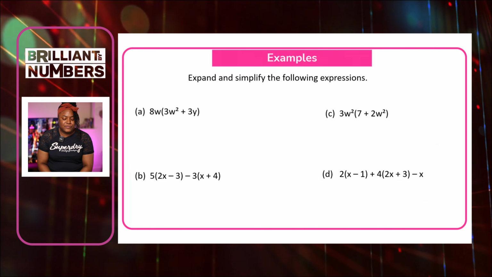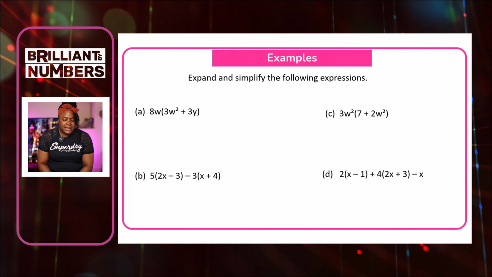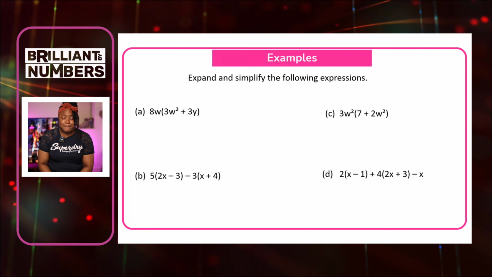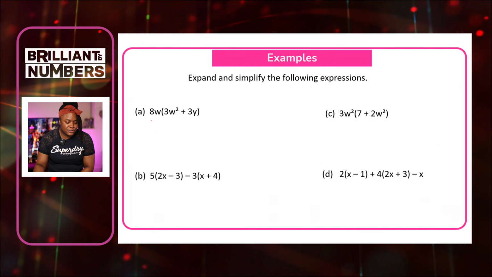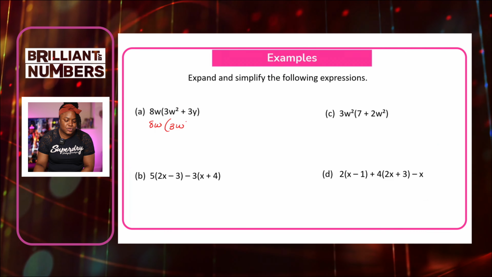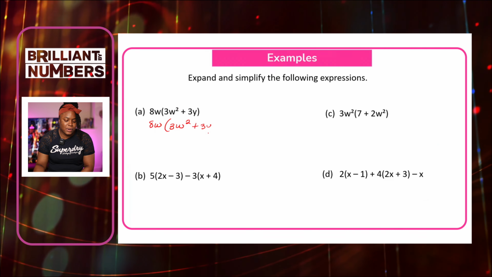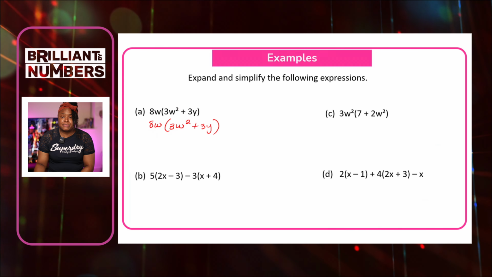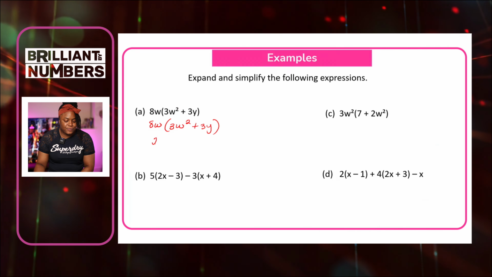So part A, we've got 8w to be expanded with 3w squared. So we've got a square involved this time, plus 3y. So let's rewrite 8w, 3w squared plus 3y. So I go for coefficients. 8 times by 3 is 24.